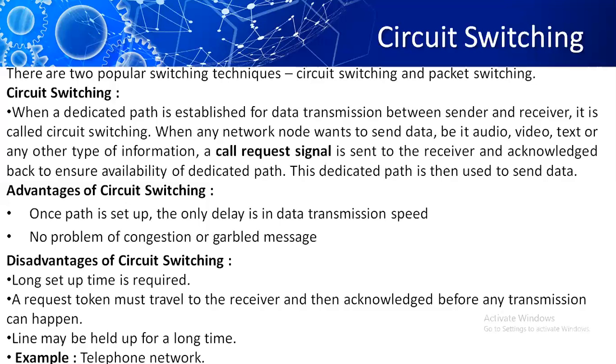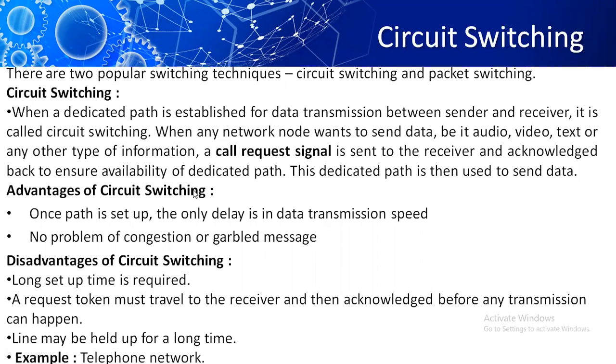So in the process of circuit switching, the first step is to request the connection setup between the sender and receiver, and then the receiver acknowledges that the transmission path is free, so that we can transmit the data.